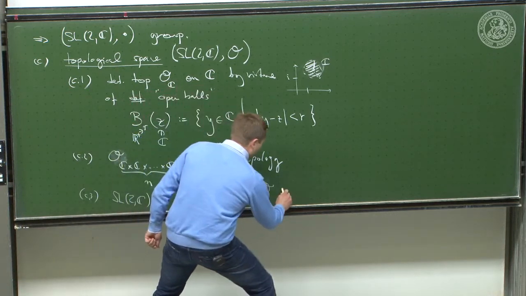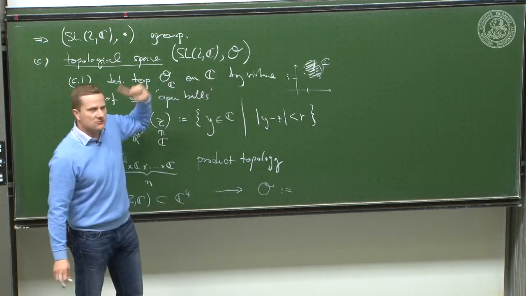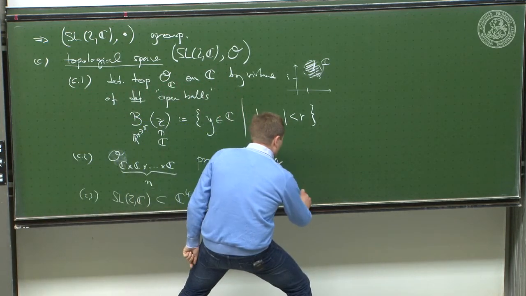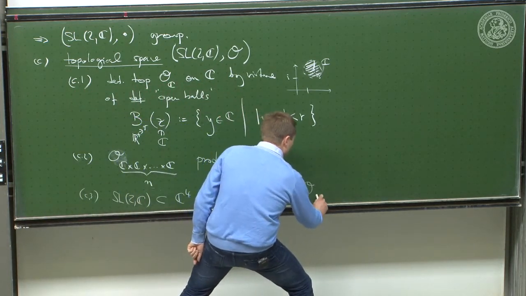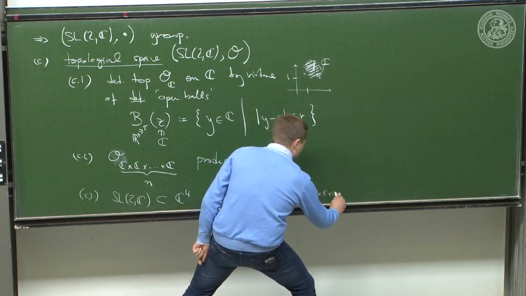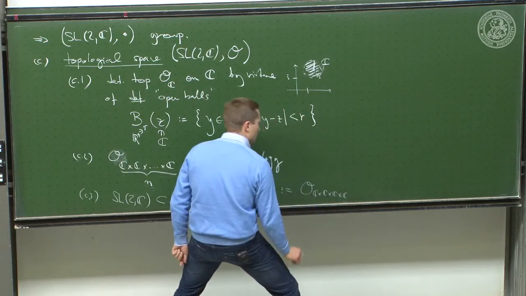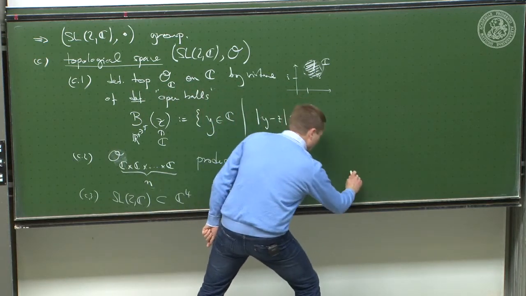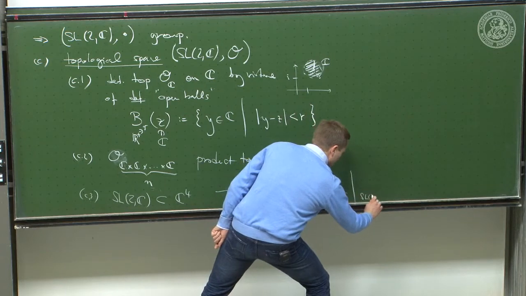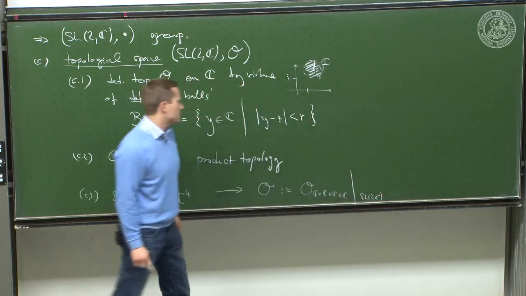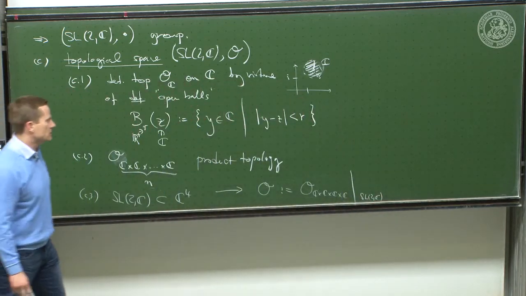So define this O by which we equip SL2C: take the C4, the 4-fold Cartesian product that we constructed here, and restrict it to SL2C. Remember, that was the induced subset topology.